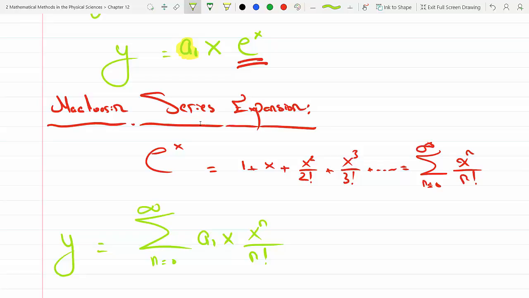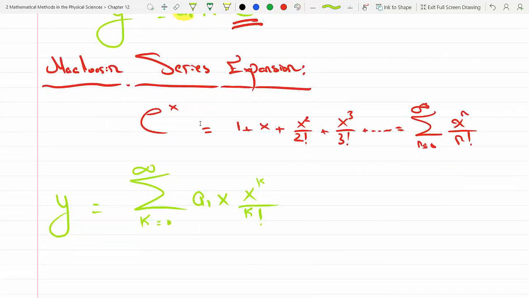Or let's use k, because in a second I will change the index.